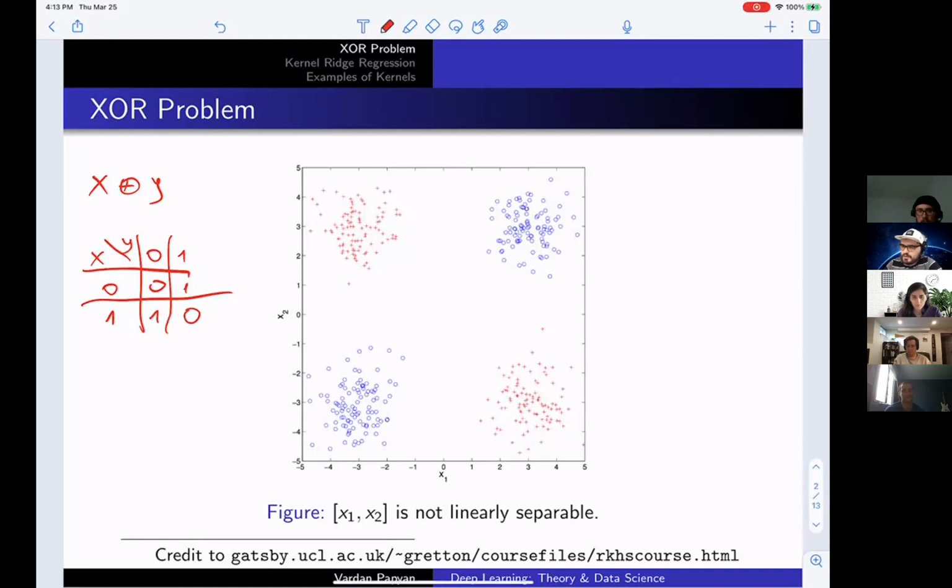Why? Because you can think of this cloud as being 1, and this cloud being 0, and this cloud being 0. Do you see how this is the XOR problem? Why is it called the XOR problem?